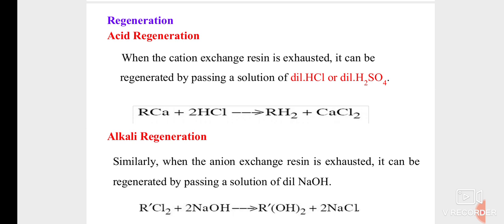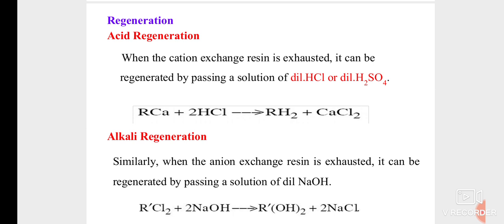You have to see the different types of chemicals used for the different types of salt present in the water. Based on the salt we have to write the different reactions. Suppose if the water contains magnesium salt, RMg reacts with 2HCl to form RH2 plus MgCl2. That is the magnesium salt reaction.